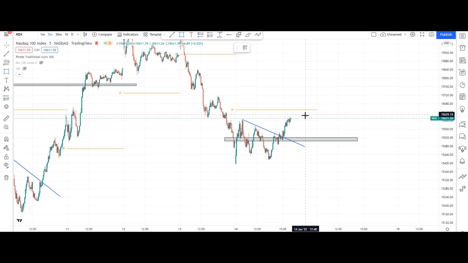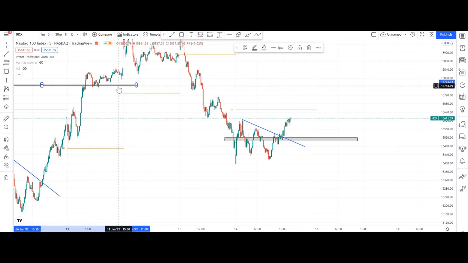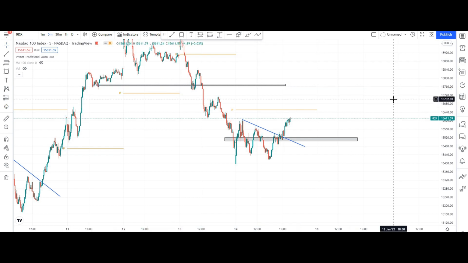What I am thinking right now is, okay guys, I will just shift this line. Okay guys, I will just shift this line. You can see that this is one of the major resistance areas. Okay guys, now it is crossing.